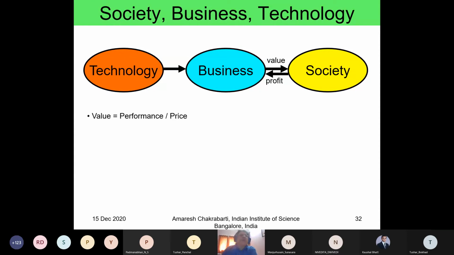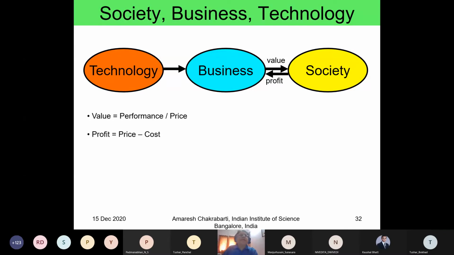So what is value? Value is performance by price. So what the innovation provides is performance, and what it asks in return is what is called price. What is profit? Profit is price minus cost.